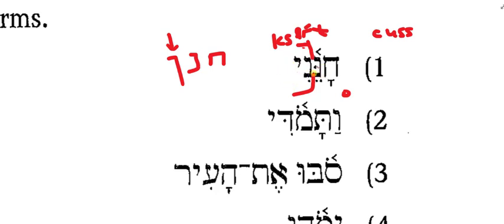It's not to be confused here. So chet, nun, nun. This nun is representing both of these here, okay? So what does Hanan mean? Yeah, to be gracious, right? To be gracious, to show grace to someone or show favor, to favor someone, okay?